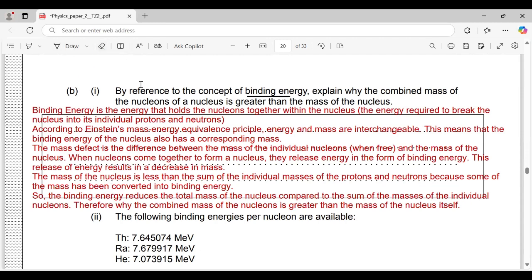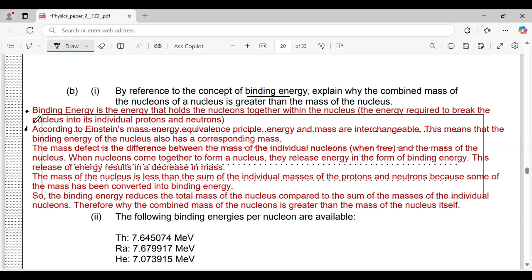Binding energy is the energy that holds the nucleons together within the nucleus, the energy required to break the nucleus into its individual protons and neutrons.